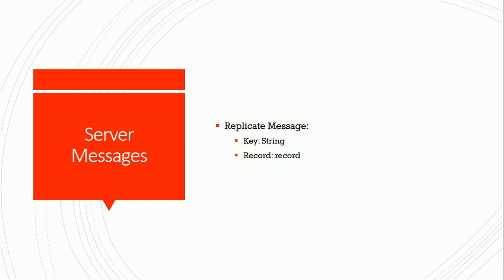Each replicate message has a key, which specifies the key that has been updated, and a member of type record, which is the same type we defined for our record structure. So it includes the value, timestamp, and the source replica ID.